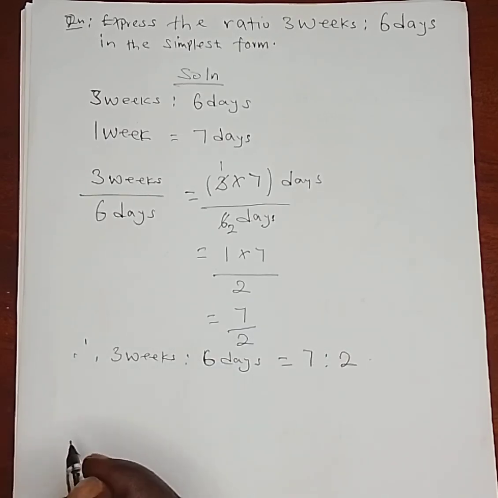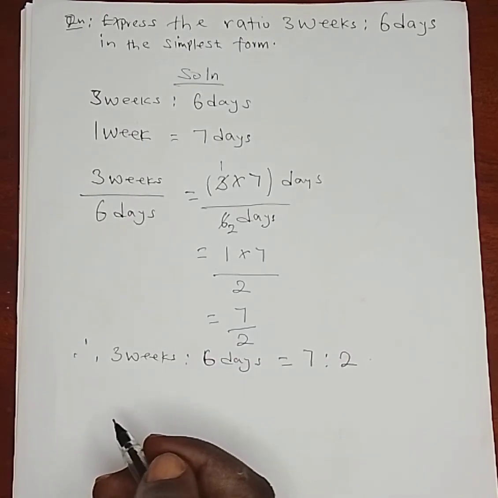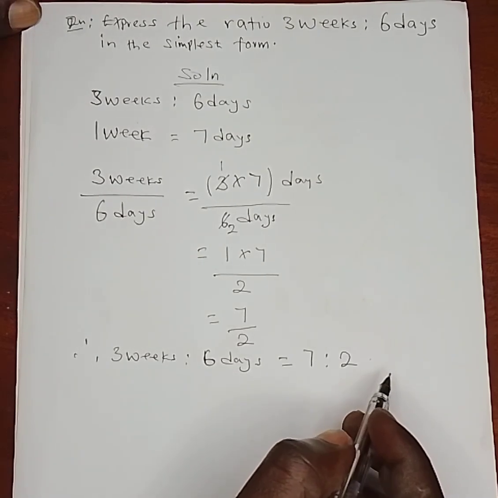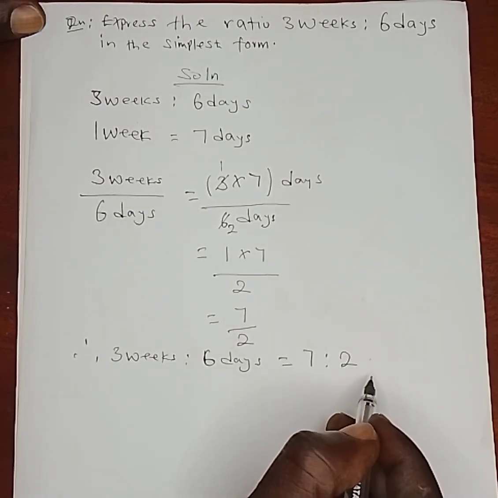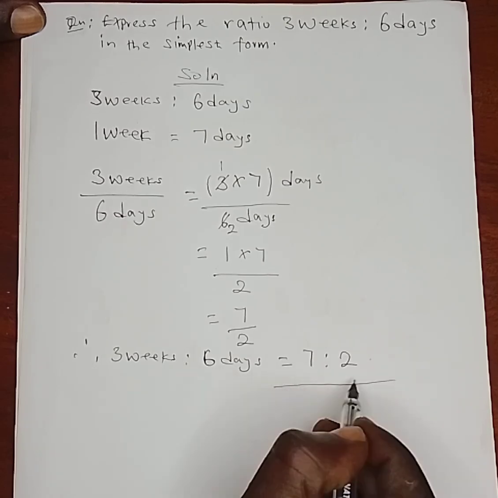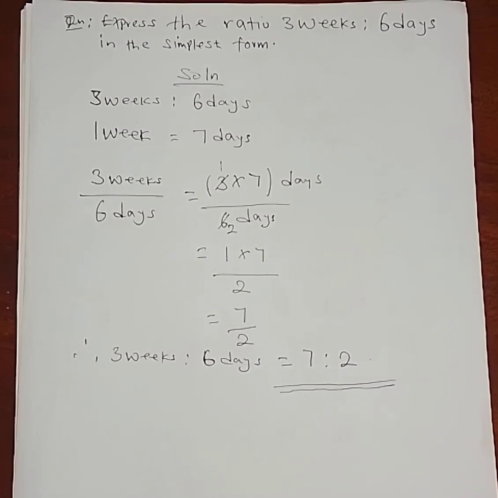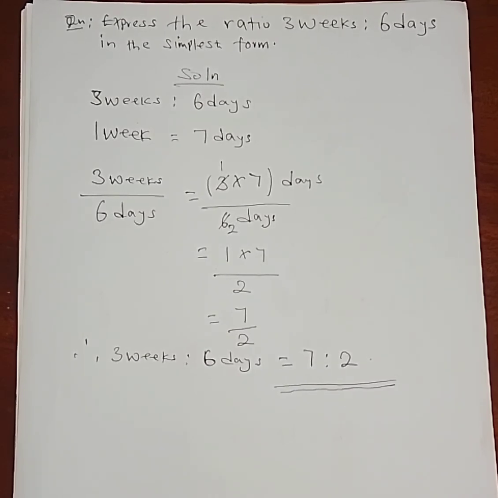So this will give us 7 weeks and 2 days. And this is our final answer after simplifying to the simplest form. So you saw it was 3 weeks, 6 days. Now I've simplified to 7 weeks, 2 days. So we've finished reducing to its simplest form.